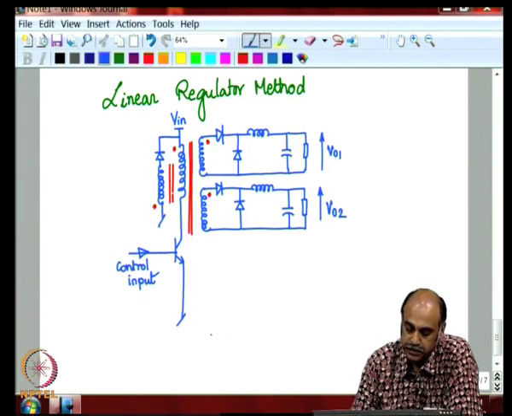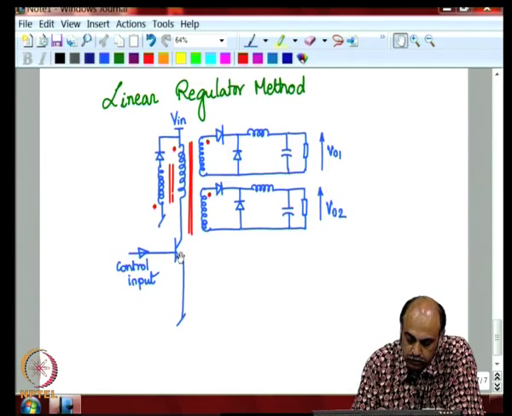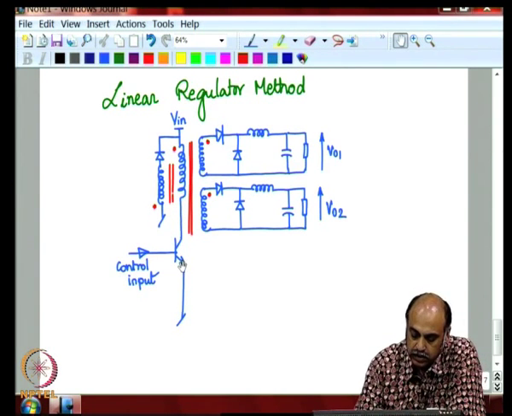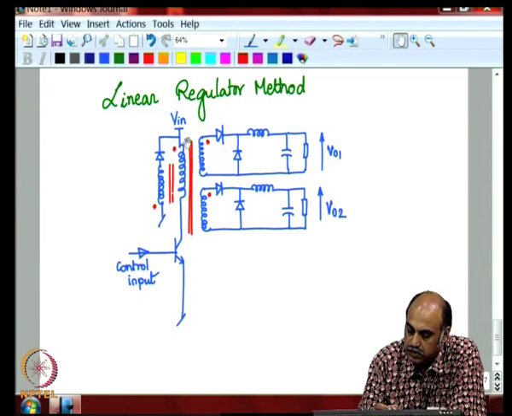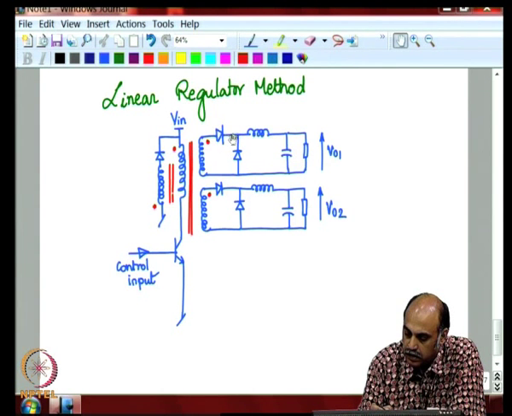So, what is the operation? When the switch is on, this primary winding is connected to ground, the dot portion is at V in, and by the turns ratio the dot here is positive, which turns on this diode, forward biases it.